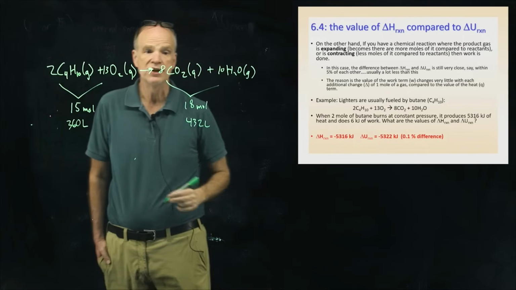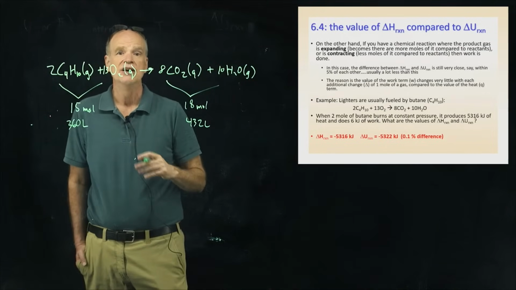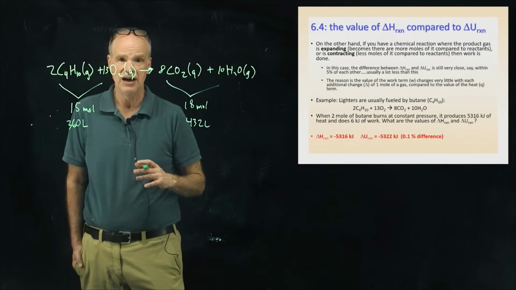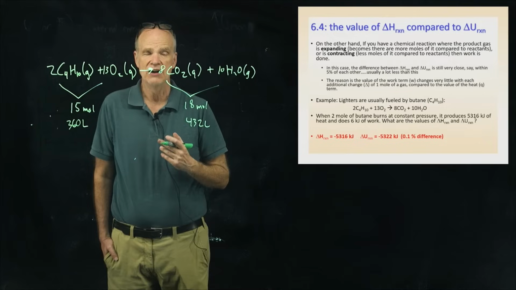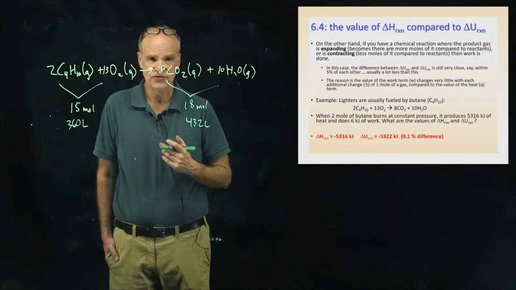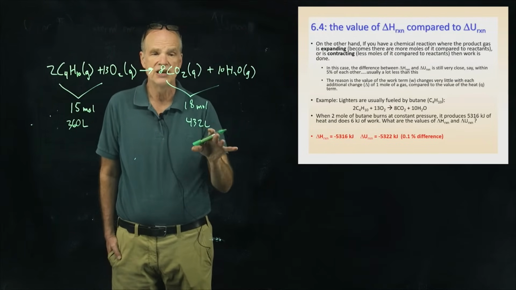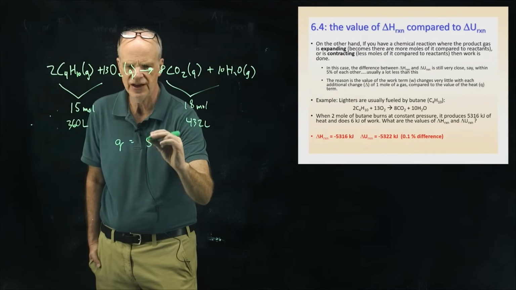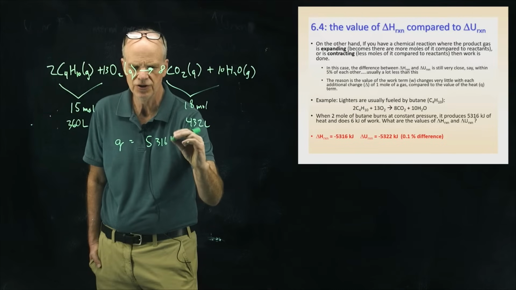So we would expect that in this particular reaction, some work is being done by the chemical reaction on the surroundings. Let's now calculate the change of internal energy of this reaction and the change of enthalpy of this reaction from the information I have in the problem. We have Q, which is 5,316 kilojoules.